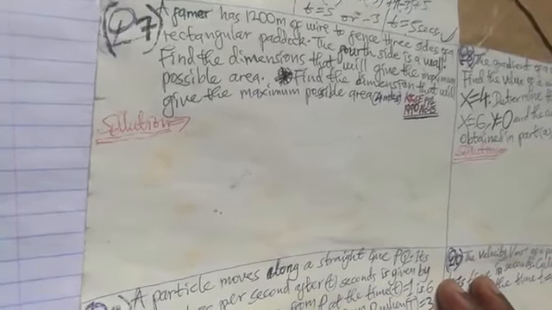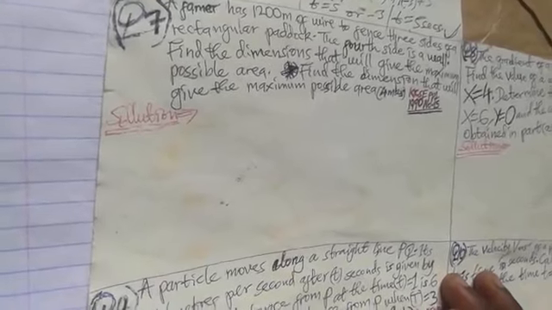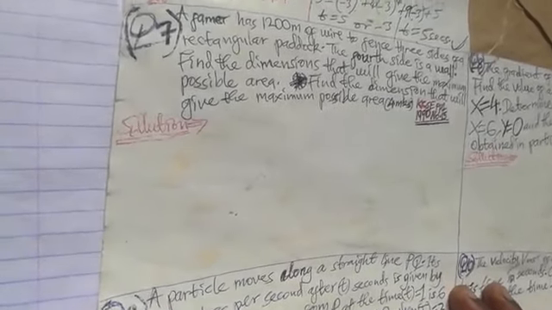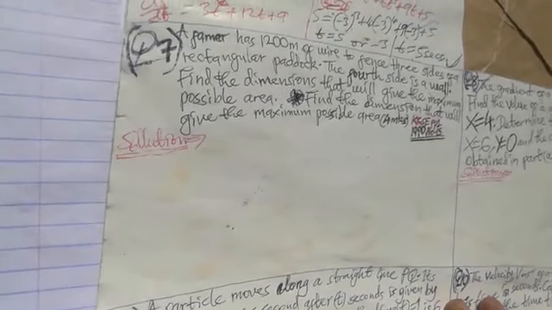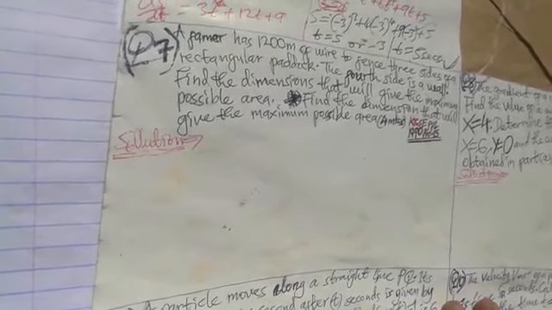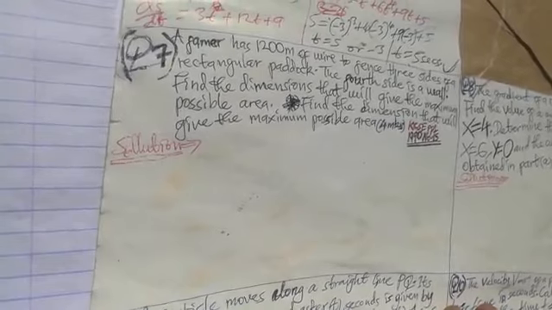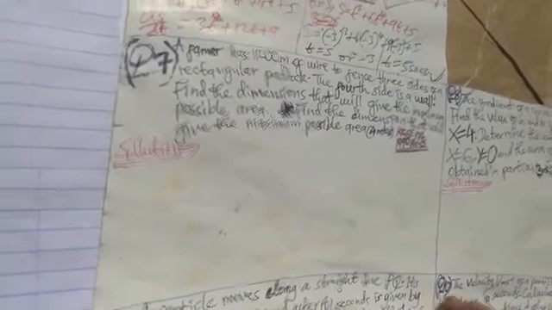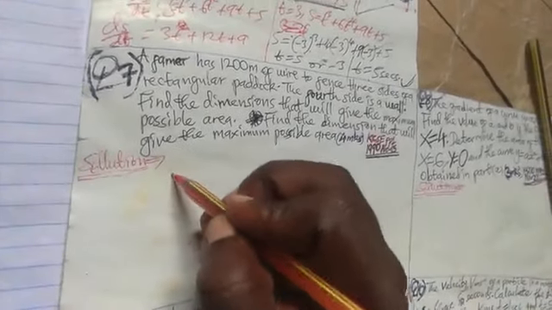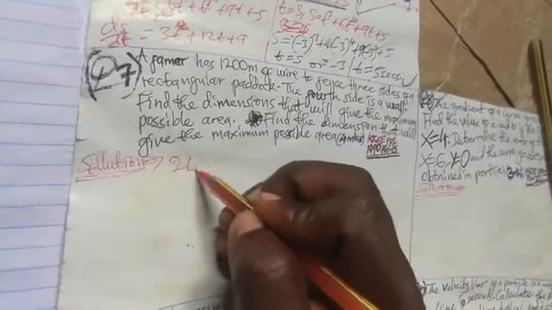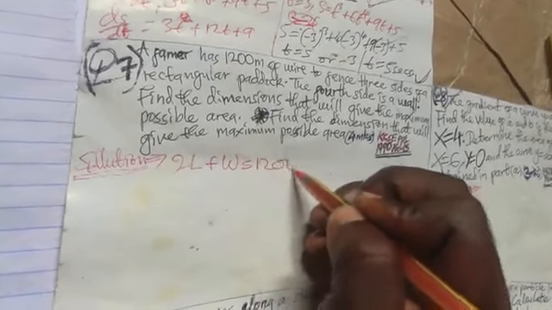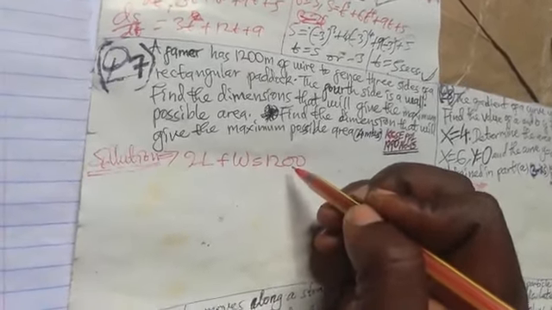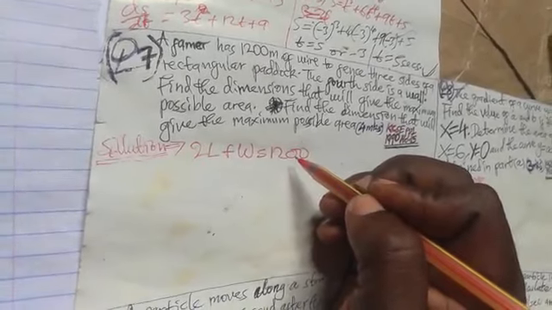According to the question, we are given 1,200 meters of wire fence for 3 sides, which means 2 lengths and 1 width, or 2L plus W is the same as 1,200. We don't consider the fourth side because it's a wall.